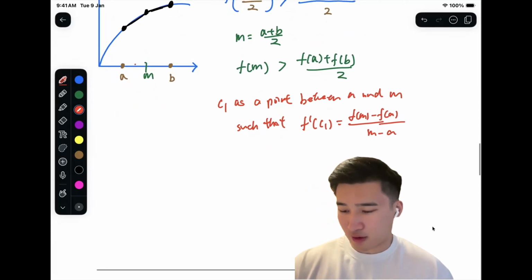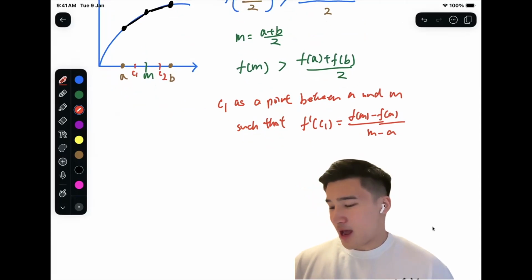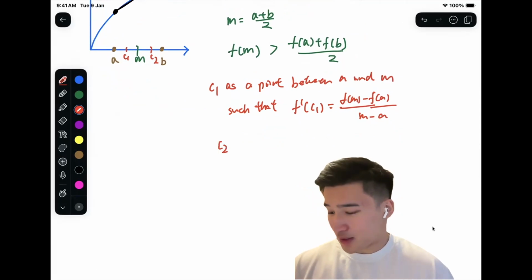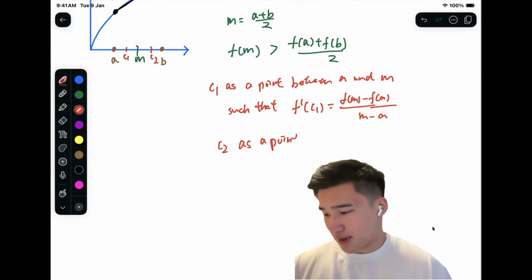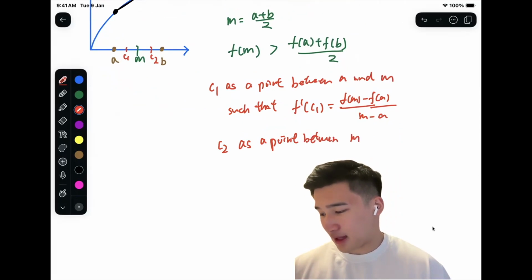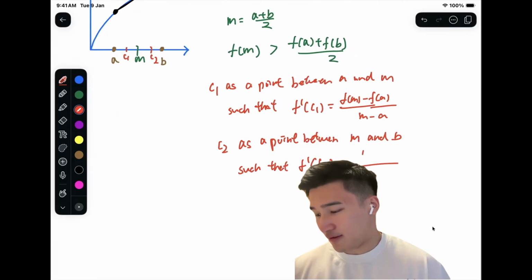We want to do one for C2 as well. C2 is a point between M and B such that f prime of C2 is equal to (f(b) minus f(M)) divided by (B minus M).